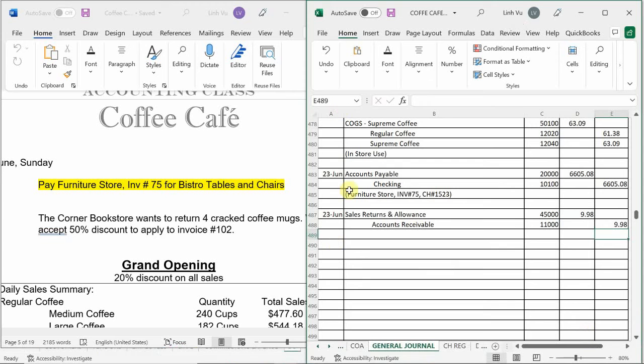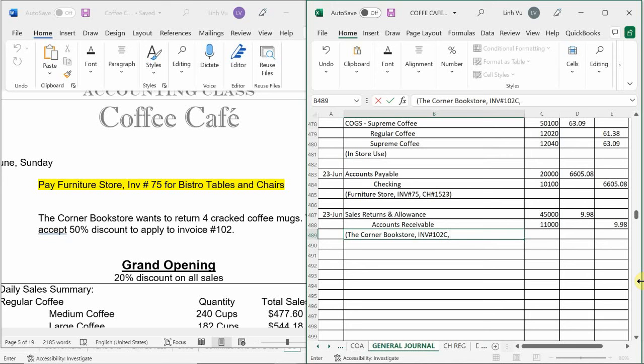So in this case, this is the corner bookstore. We're going to issue the credit on invoice number 102C credit.